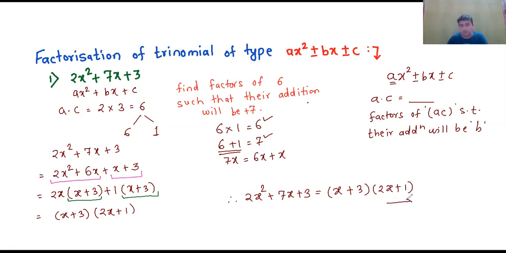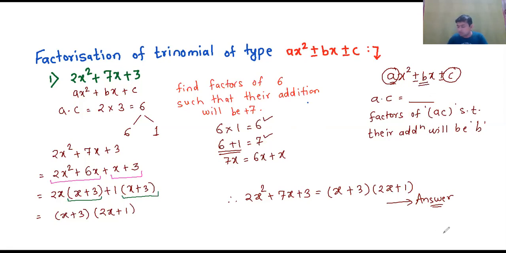So this will be your answer. Right, so remember, you have to multiply the coefficient of x square, that is a, and the constant term, and you have to find the factors of this product such that their addition should be b.